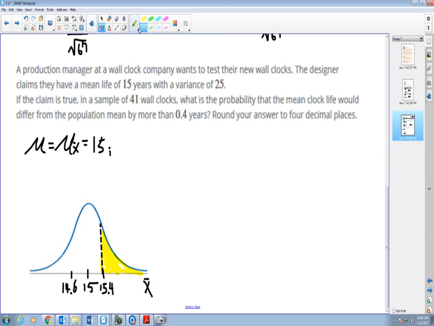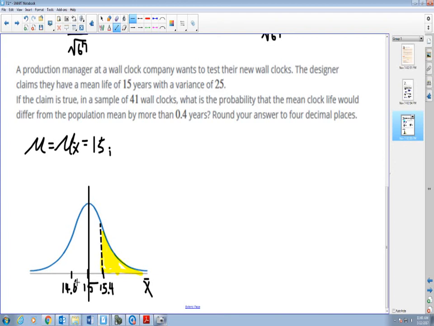Guys, realize I've been saying more than means area to the right, okay? But if from where the mean is, I chop this entire right side off, how am I going to do more than 14.6?